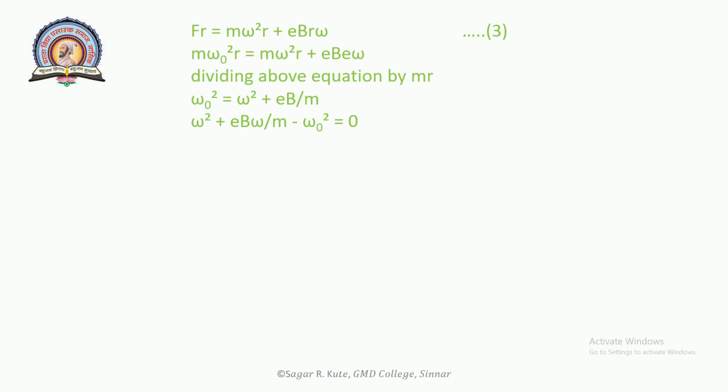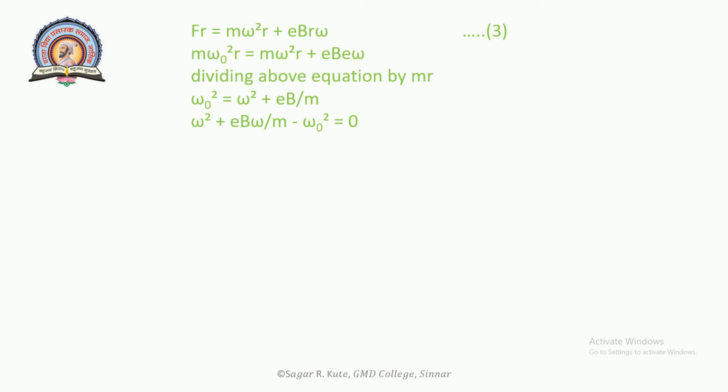This will be equation number third: m omega square r is equal to m omega 0 square r plus e B r omega. Dividing the above equation by m r, omega square plus e B upon m into omega minus omega 0 square is equal to 0.